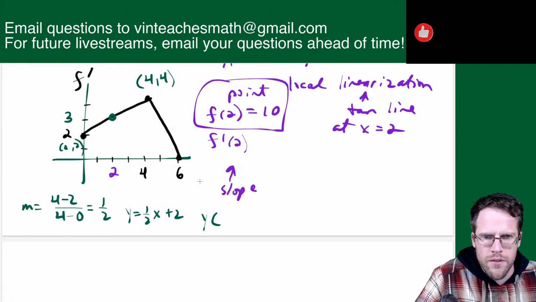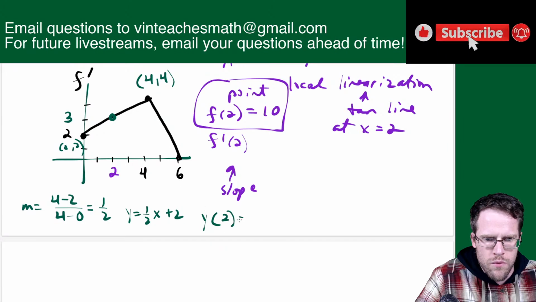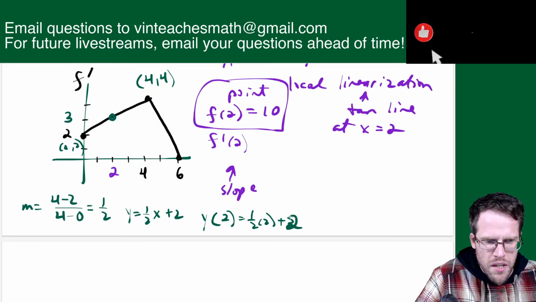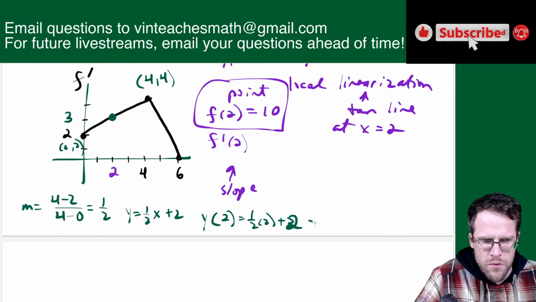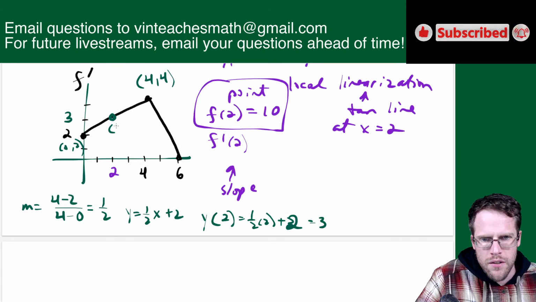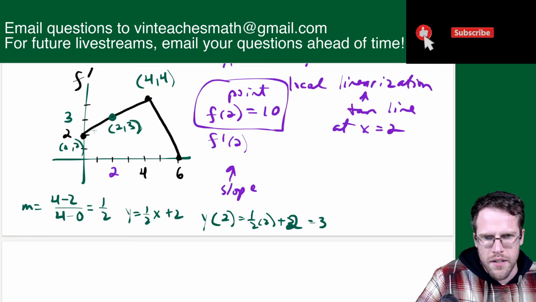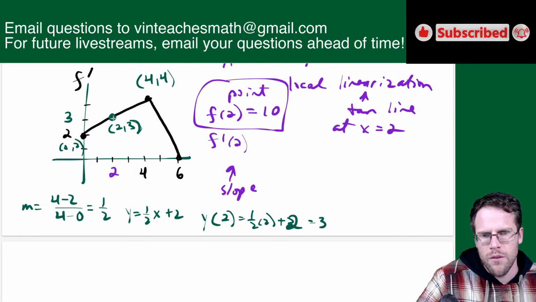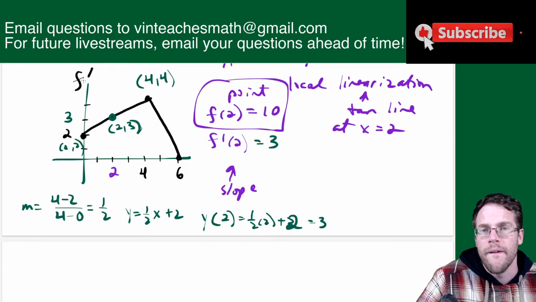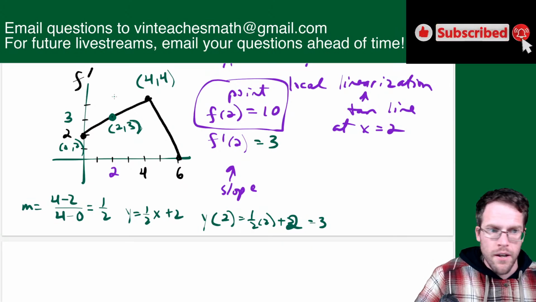And the y value at x equals 2 would be half of 2 plus 2. Sorry, I was just thinking the answer. So 1 plus 2 is equal to 3. That's how I know 2, 3 is here. One thing to be mindful of is that y in this case is referring to f prime, for this piece of f prime. Otherwise you just eyeball it: f prime of 2 is equal to 3, because once again, this is a graph of f prime. That's really big here.